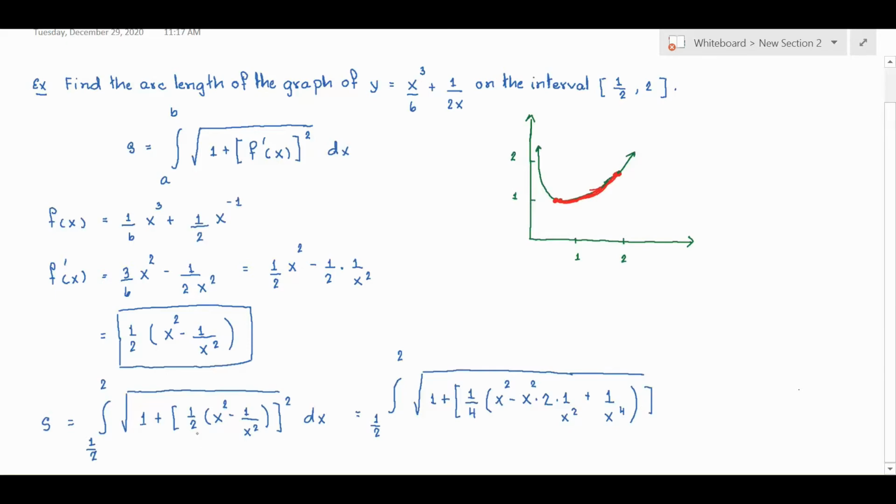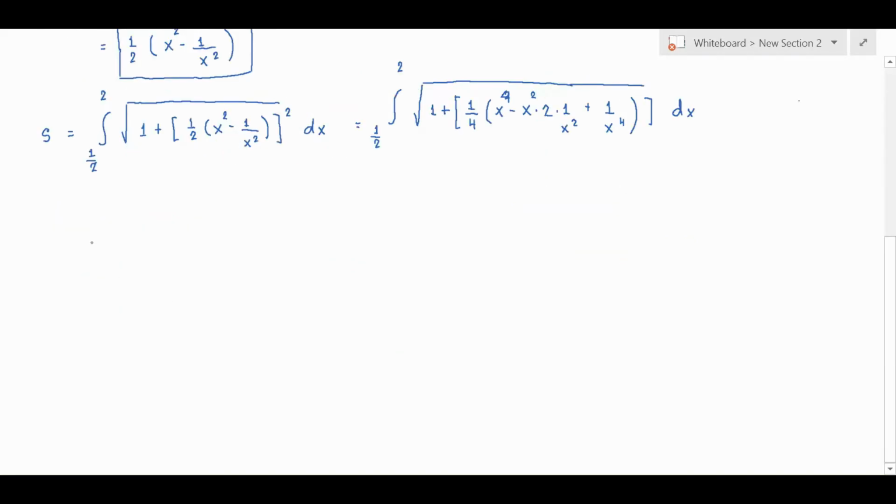So I square this, which is 1/4 times the first term squared, x to the 4th, minus twice first times last, plus last squared, dx. Let's simplify some more. The idea is I want to take all of this out from the radical, then take an integral, from 1/2 to 2 of the square root of this big long expression.